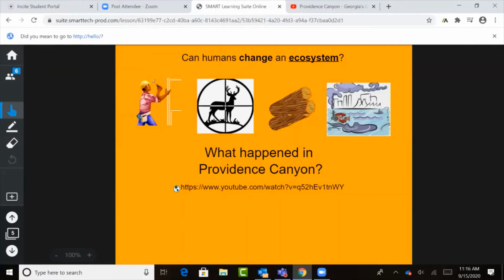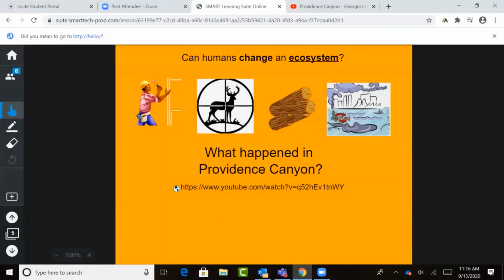I would like for, let's see, Johanna, can you unmute yourself and tell me what you think those pictures mean? It means that these are the things that have affected the Providence Canyon in either a good way or a bad way.